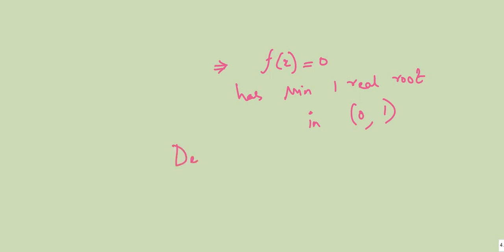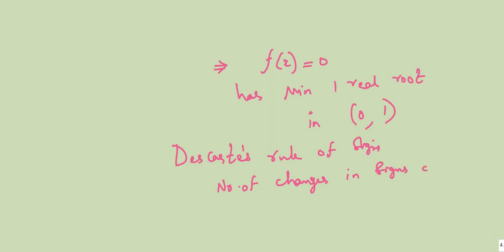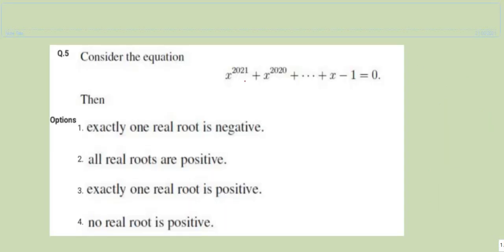That is called Descartes' rule of signs. What Descartes' rule of signs says is, you count the number of changes in sign of the coefficients of the polynomial f(x). If you go back to our f(x), all are positive signs from the start.